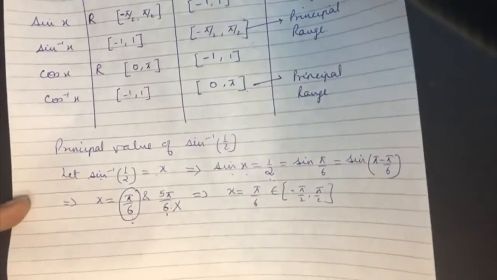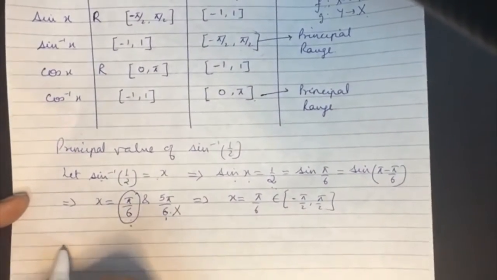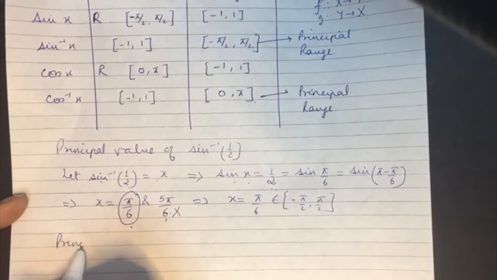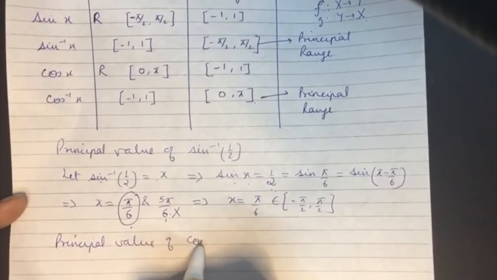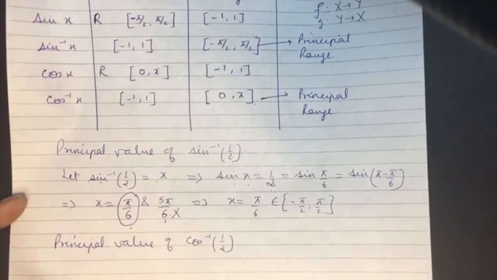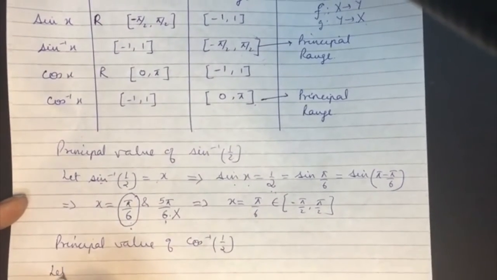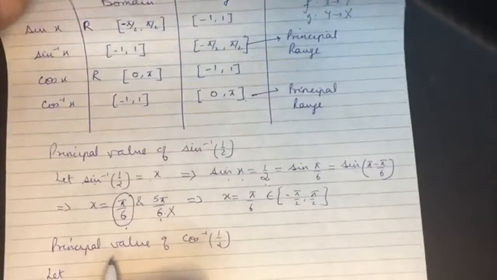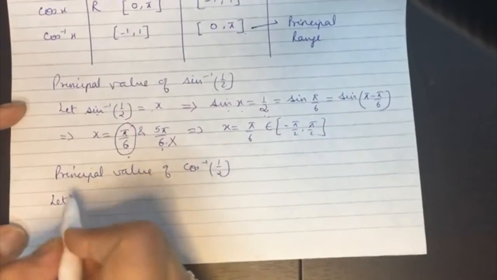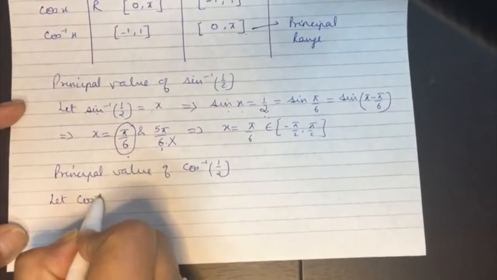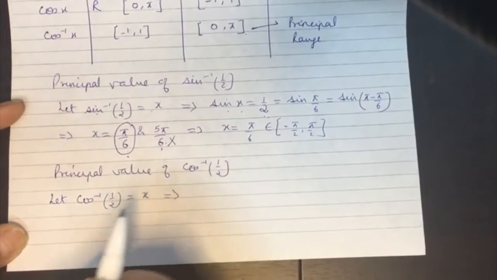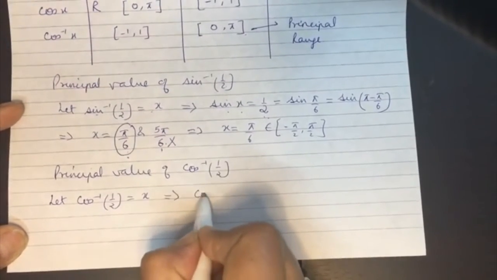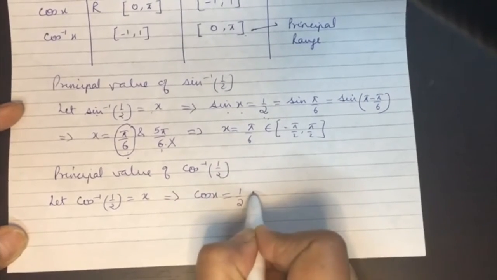In the same way, if we have to find the principal value of cos inverse half, again we write, let cos inverse half equal to x, which implies that cos x equal to half.